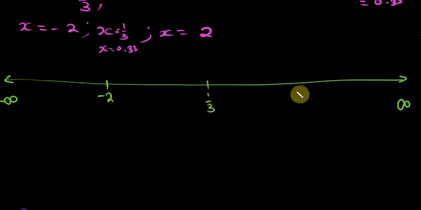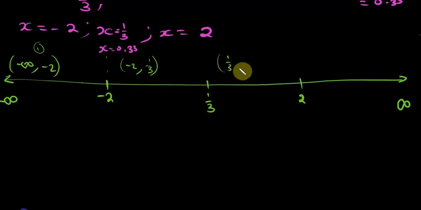The regions are: from minus infinity to minus 2, that's the first region. The second region is from minus 2 to 1 over 3. The third region is from 1 over 3 to 2. The fourth region goes from 2 to infinity.